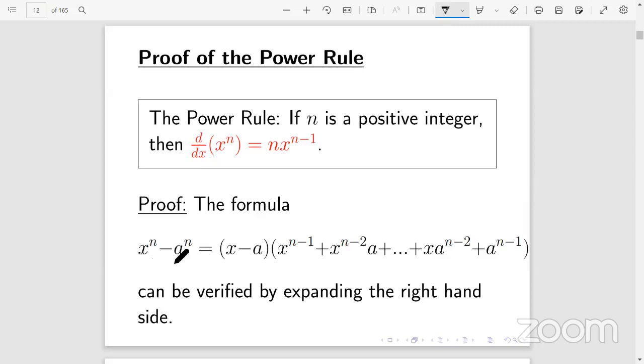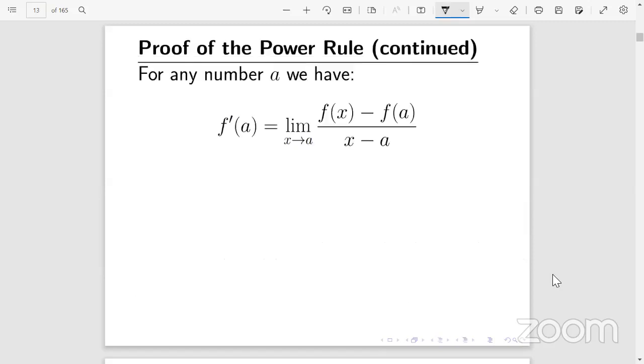You start first with x minus a. Then the first term becomes x to the power n minus 1, plus, and now you start multiplying: x to the power n minus 2 times a, just like that, up to the last item, a to the power n minus 1. Whenever you multiply these out and expand, it will take you back to the left-hand side. You can try that in your own time.